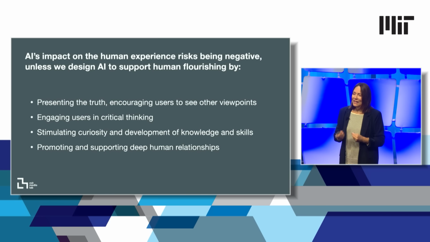It should engage the users in critical thinking in areas where it's important that the person maintains that skill. It should stimulate curiosity and development of knowledge and skills, especially for young people, and should promote and support deep human relationships rather than aiming to replace human relationships.